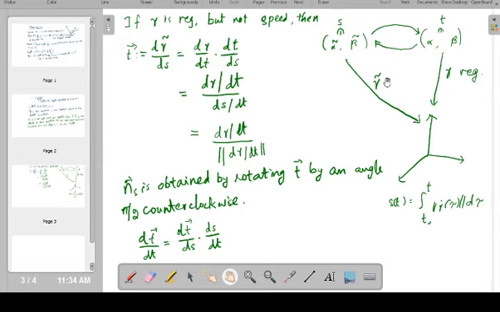Okay. What is ds by dt? ds by dt is the norm of gamma dot of t, meaning the norm of d gamma by dt.